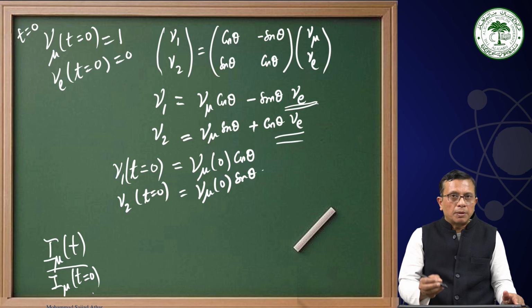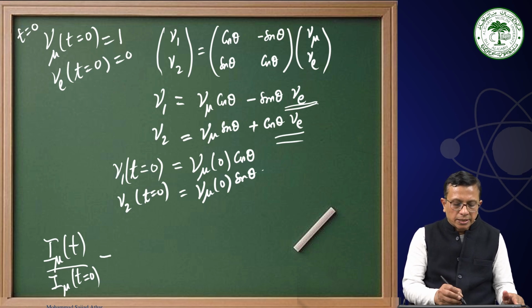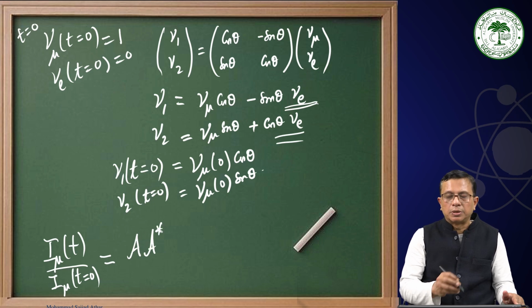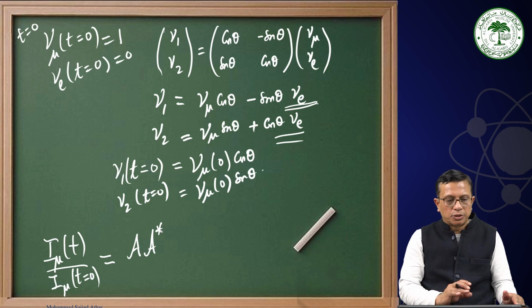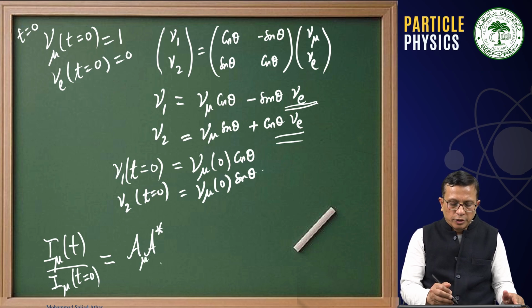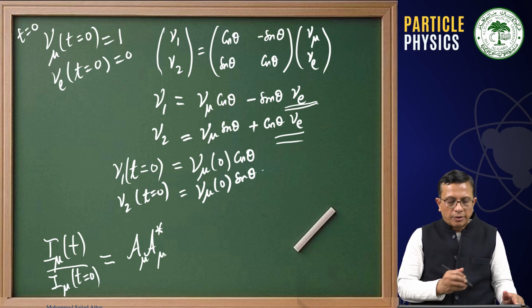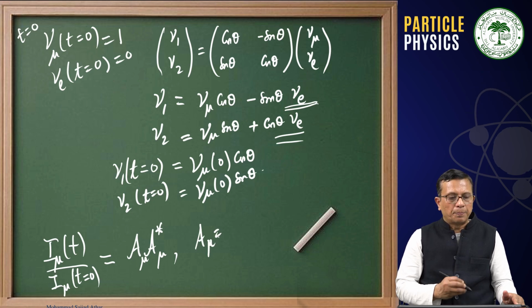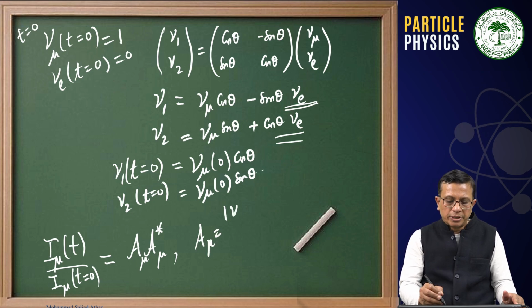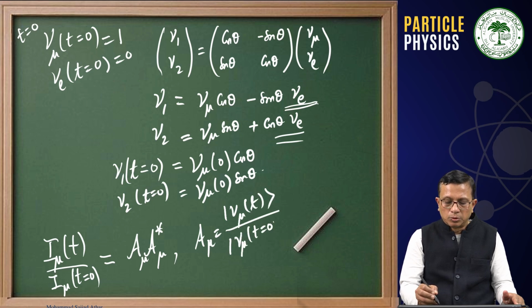And when we are talking about intensity, this will be nothing but the amplitude times the conjugate of the amplitude of nu mu, nu mu star. What is the amplitude? The amplitude is simply nu mu t upon nu mu at time t equal to 0.